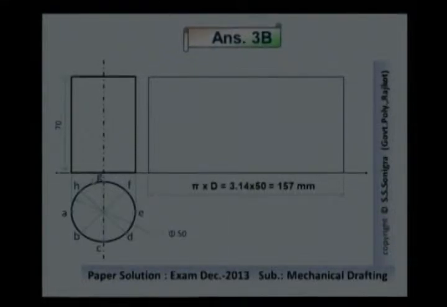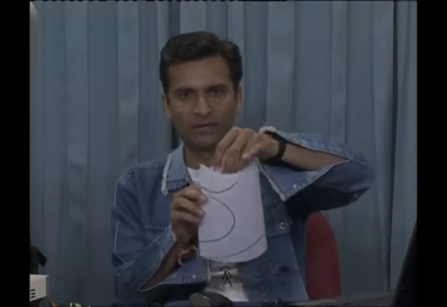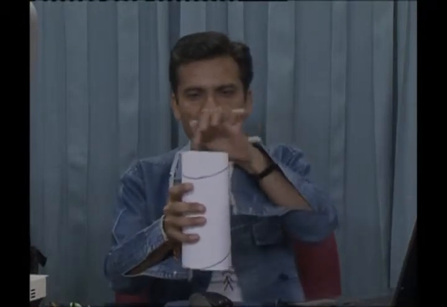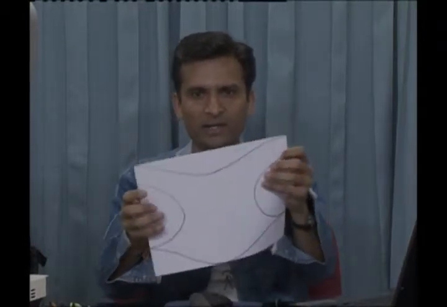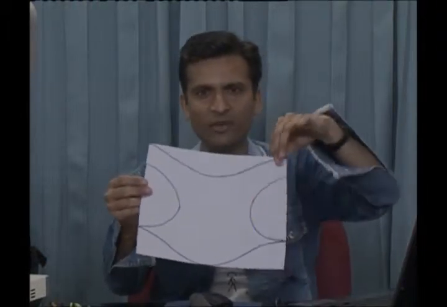Suppose this is a cylinder, you can see here, we can make a cylinder like this, in which the top view is a circle and the front view is a rectangle that we have drawn. If I develop its outer surface, if I open it, then it would appear as a rectangle like this, and the width of this rectangle would be equal to the periphery of this cylinder.